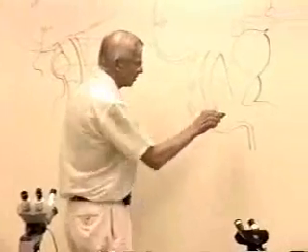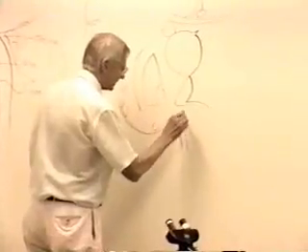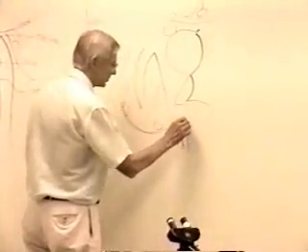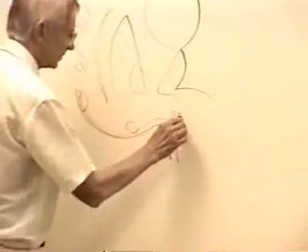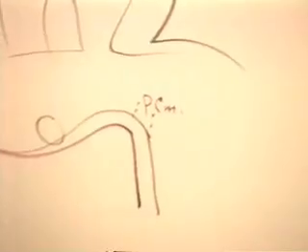Coming off the carotid and going backwards, away from us, of course, is the posterior communicating artery, at right angles to the board.